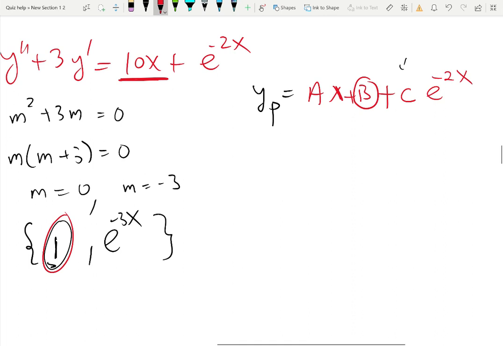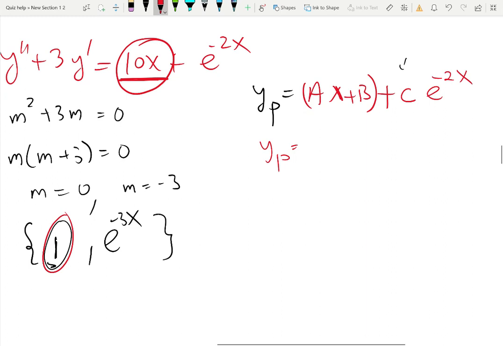So what can we do about this overlap? We multiply by x. Now, remember, b, even though it's an isolated constant, is contained in ax plus b, because we wrote b because we had a linear function here. Otherwise, we wouldn't write b. So b belongs to ax plus b; it is a part of ax plus b.